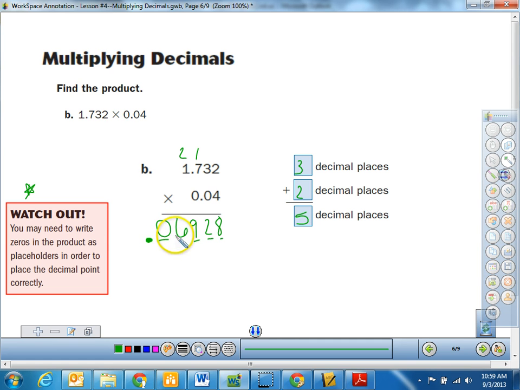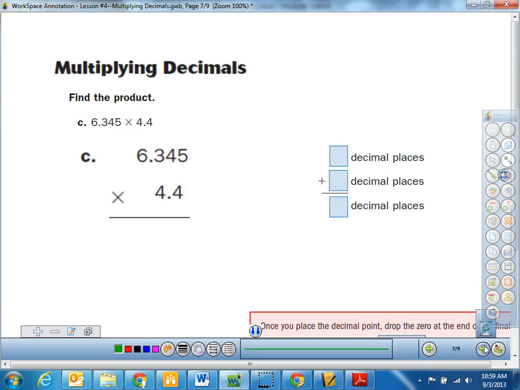So 0.06928. What's my place value here? I have tenths, hundredths, thousandths, ten thousandths, hundred thousandths. So 6,928 hundred thousandths would be my answer there.